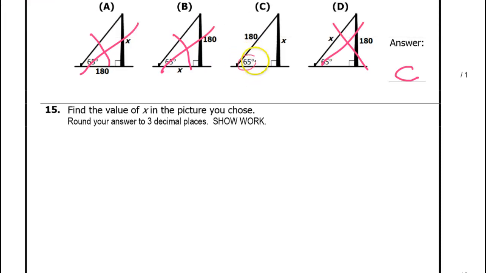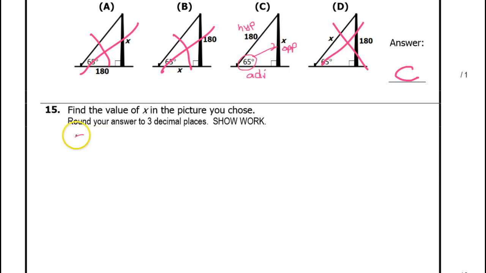Okay, so this is the angle. Across from the 90 degrees is the hypotenuse. Across from the angle that we circled will be the opposite leg. Right next to the angle that we circled is going to be the adjacent leg.